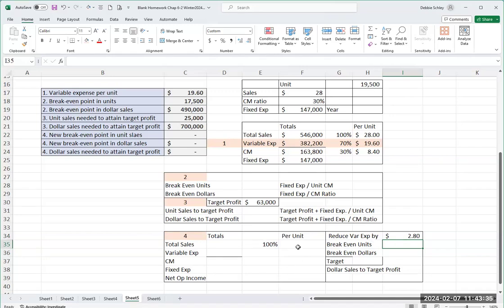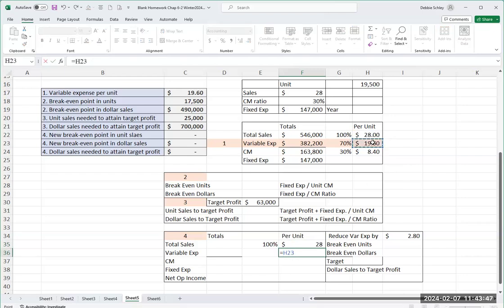My per unit sales was 28. My variable was 19.60, but now I'm reducing it by $2.80. So then my new contribution margin is sales minus variable per unit.